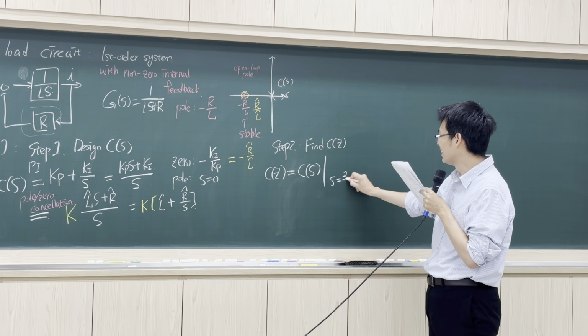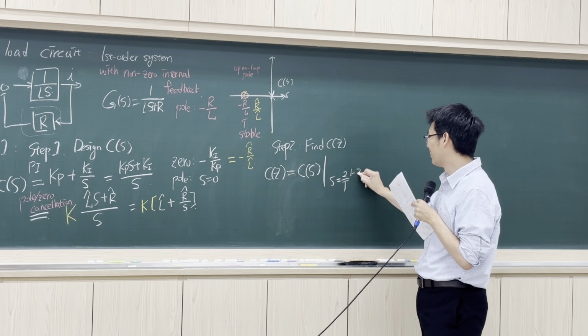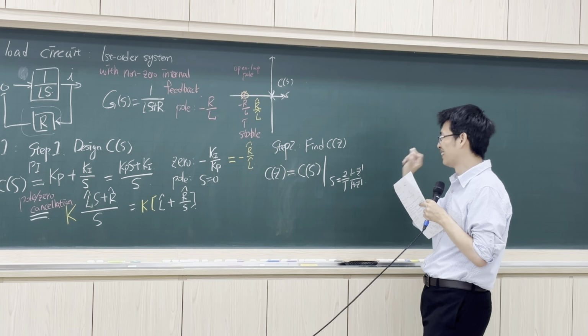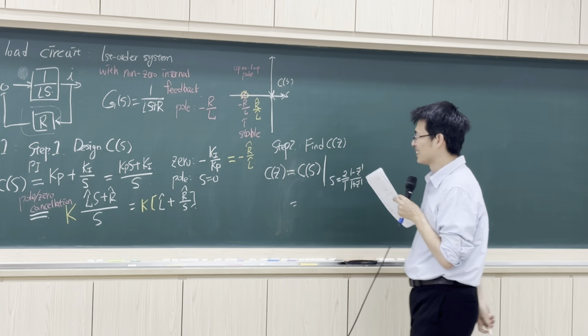So for bilinear, S is equal to 2 over T, (1 minus z^-1) over (1 plus z^-1).